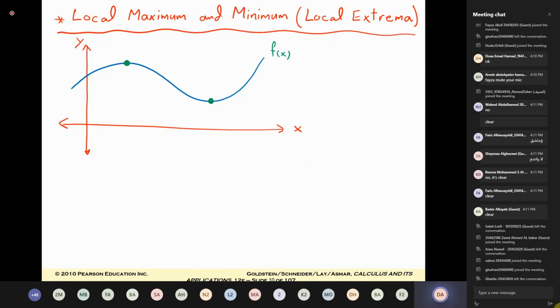Look at this point A and f of A. Also we have B and f of B.